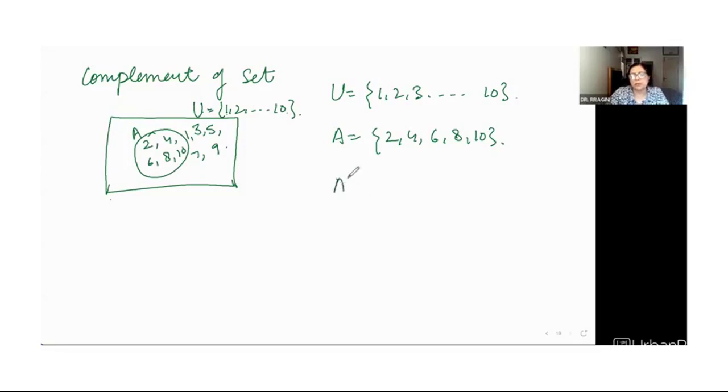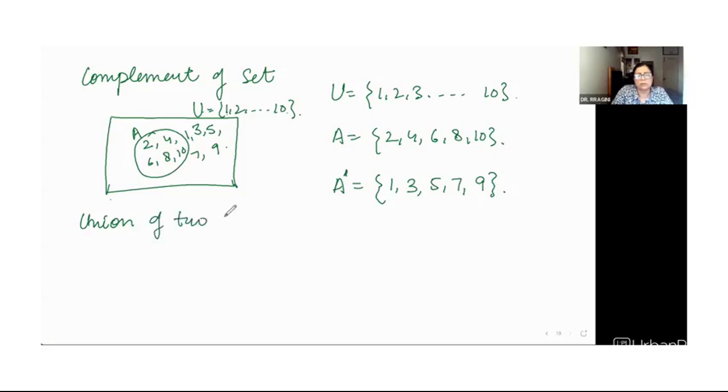So that means A complement is the set of elements which are in the universal set but not in A. So those are 1, 3, 5, 7, 9. Right? This is the complement: the elements which are present in the universal set but not in A. Okay. The next thing is union of two sets.